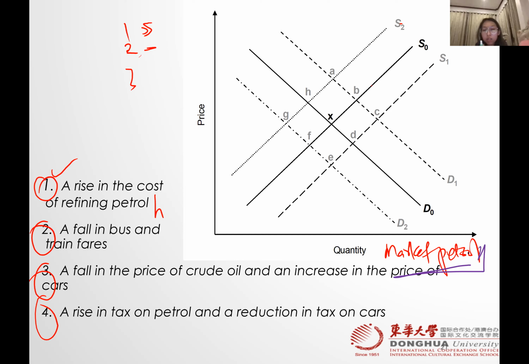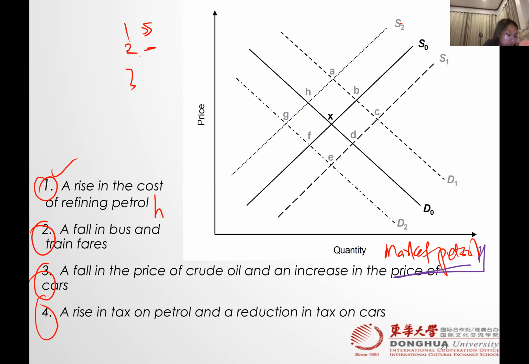It starts decreasing, right? Guys, understand? So what will be the answer then? With the fall in bus and train fares, the demand for petrol for individual or private purposes starts decreasing.